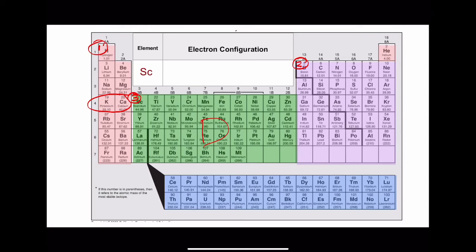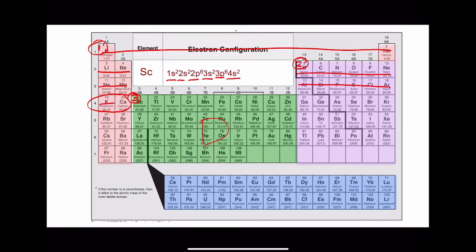So for scandium, we still are going through everything we've already been through. So we can say we have 1s2, 2s2, 2p6, 3s2, 3p6, 4s2, and our last term, this is where it's a little bit different, is 3d1.